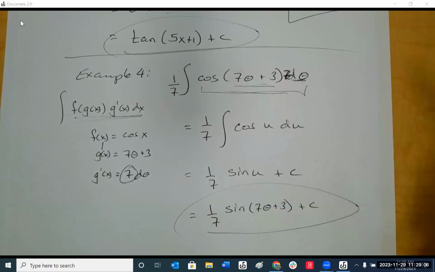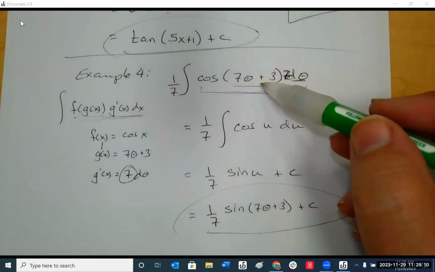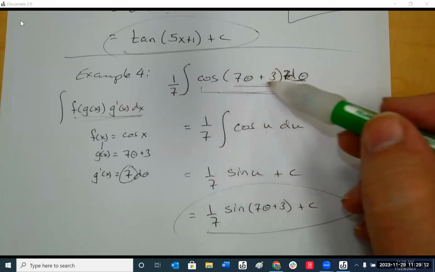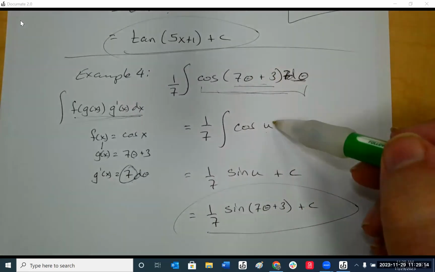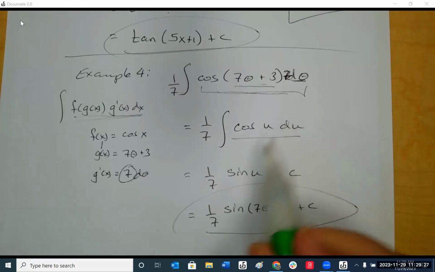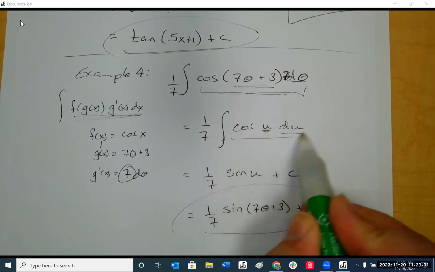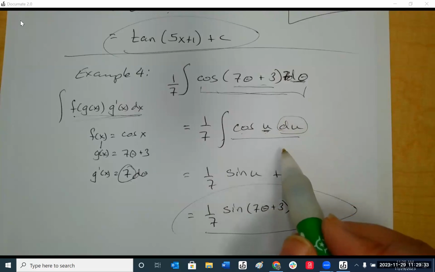So again, once we transform it from cosine 7 theta plus 3 to cosine u, this was a lot easier to look at. So when we get rid of the du, is that just becoming the plus c, the constant? Yes, because this is an integral of cosine of u with respect to u.